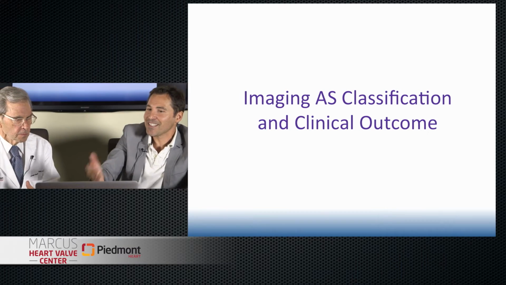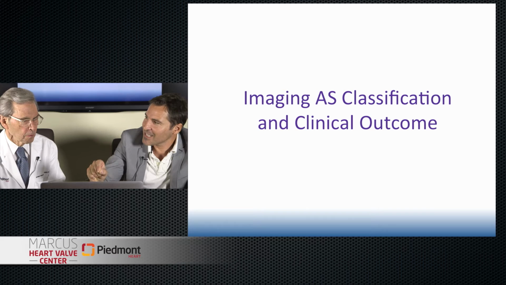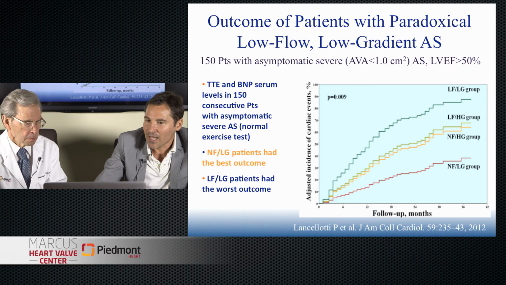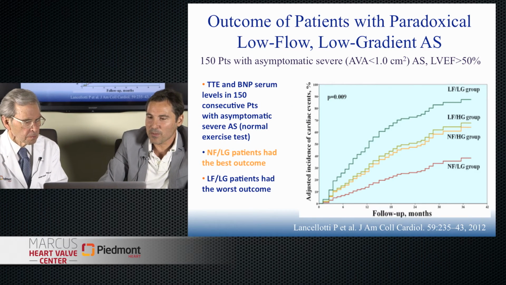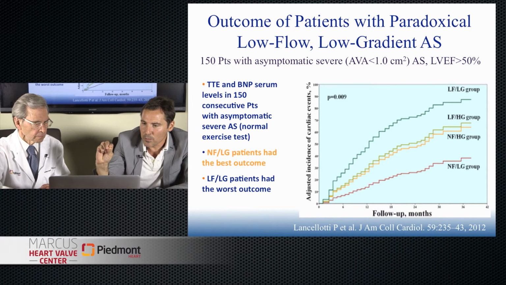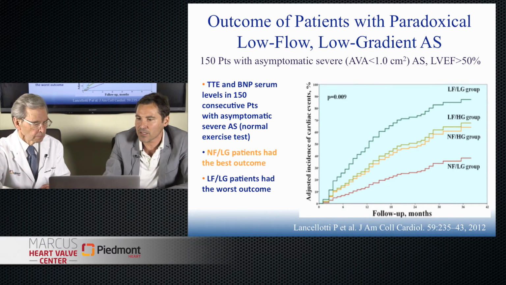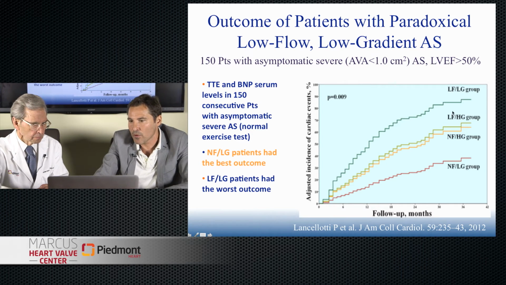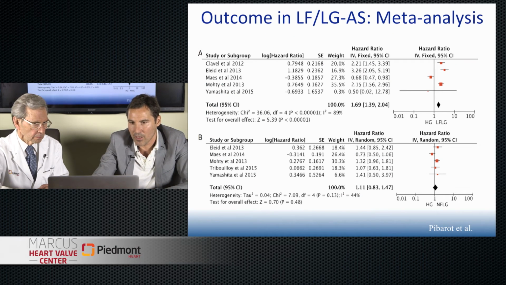Cool. Okay, that's great. So now this is the imaging, but associated with the clinical outcome. And this was one of the papers we published, where we can see that when you define exactly the group fitting with the severity of aortic stenosis, you can define the outcome, and those with low flow, low gradient were those at really higher risk of developing events during follow-up.